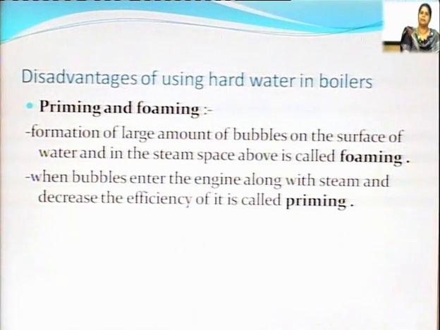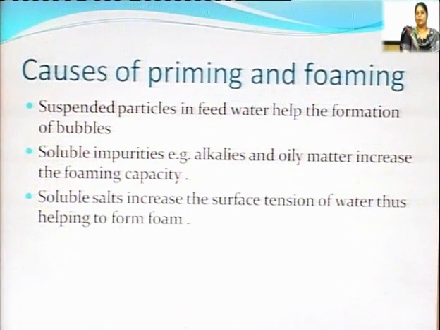As the amount of bubbles increases, some of the bubbles enter the engine along with the steam, and as such decrease the efficiency. When the bubbles are present only on the surface and are not leading to the engine, it is known as foaming. On the other hand, when the bubbles enter the engine along with the steam, it is termed priming.